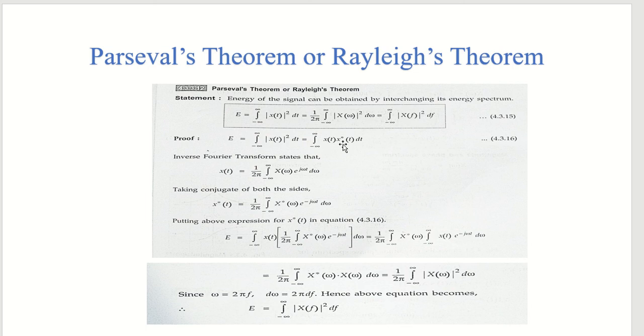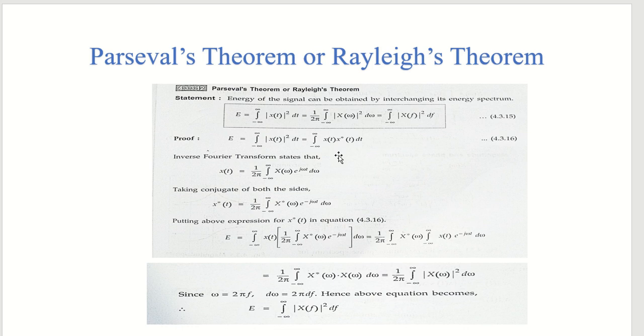We will get E equals the integral from minus infinity to infinity of x(t) times 1 by 2 pi, again the integral from minus infinity to infinity of X conjugate of omega times e raised to minus j omega t d omega. So basically we are just putting the value of x conjugate in the formula of E.